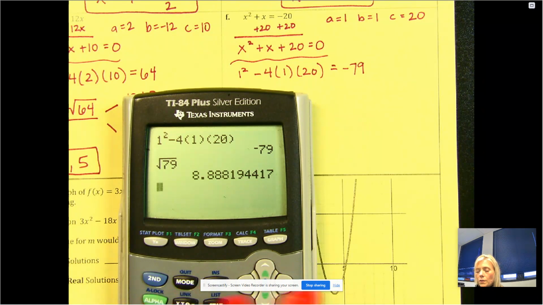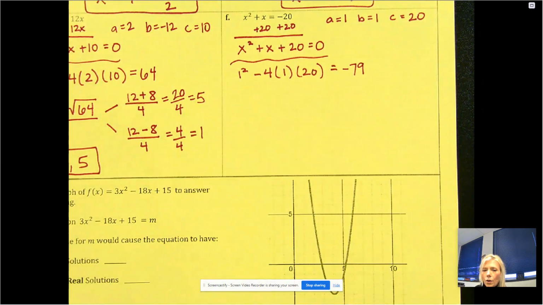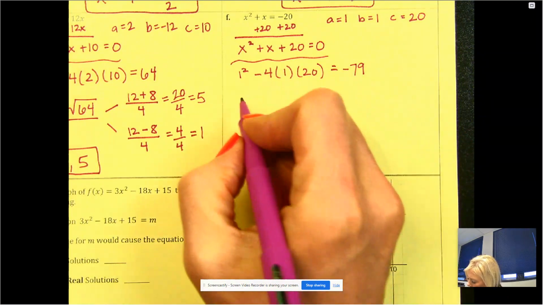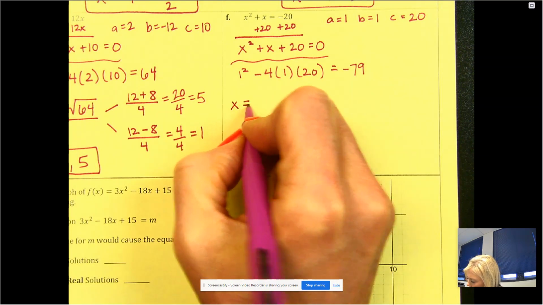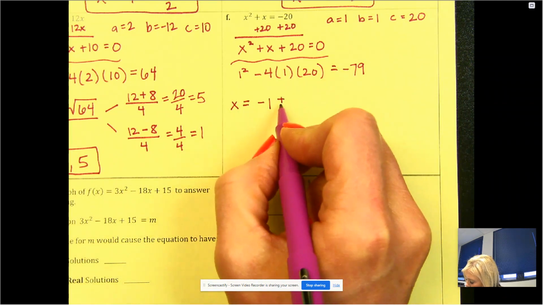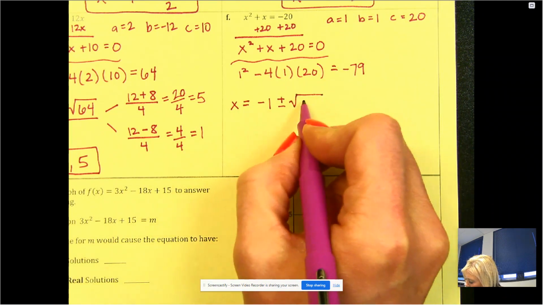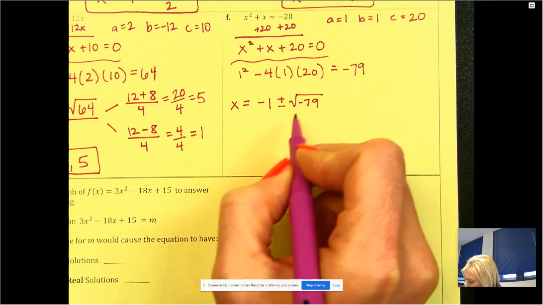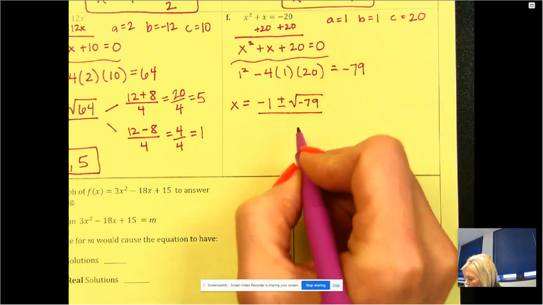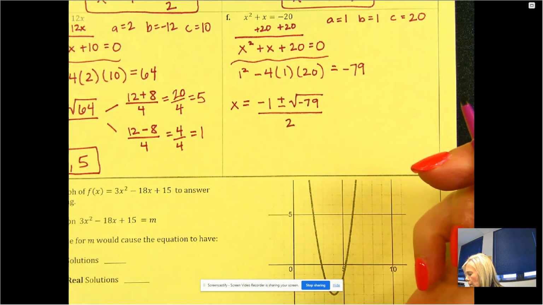So I'm going to be using a square root in my answer and also an i because of the fact that this is negative. So x equals negative b, negative 1 plus or minus the square root of negative 79 over 2a. 2 times 1 is 2.